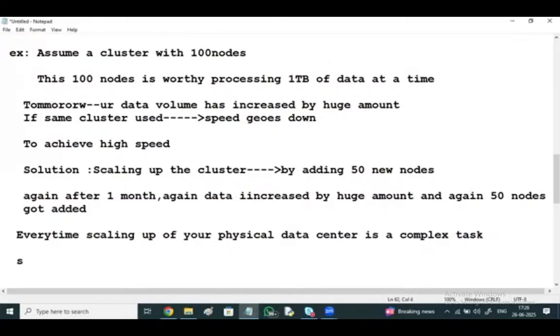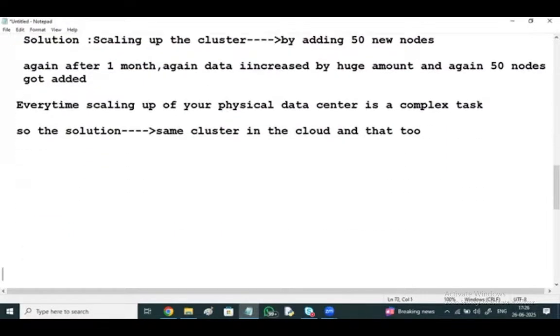So what do you do? The solution is the same cluster in the cloud, and that too with an auto scaling feature.